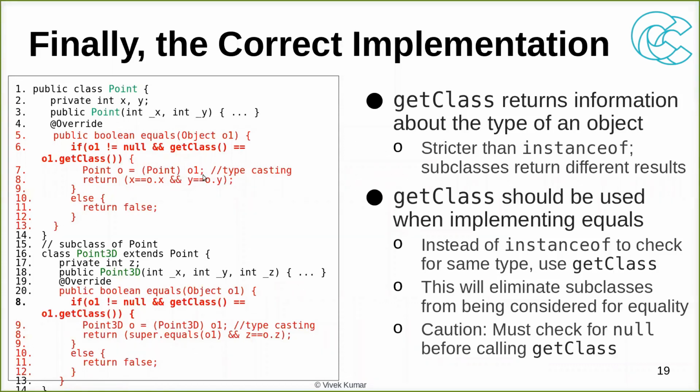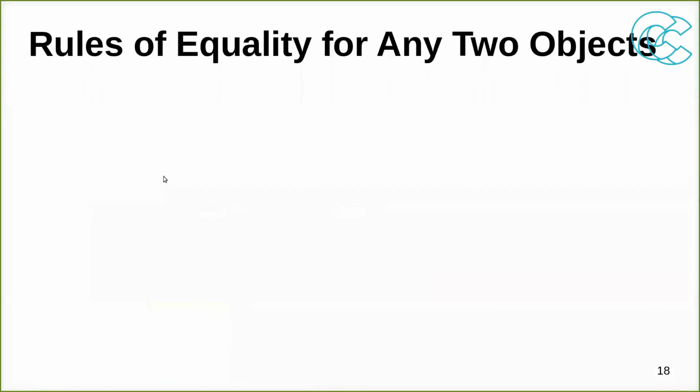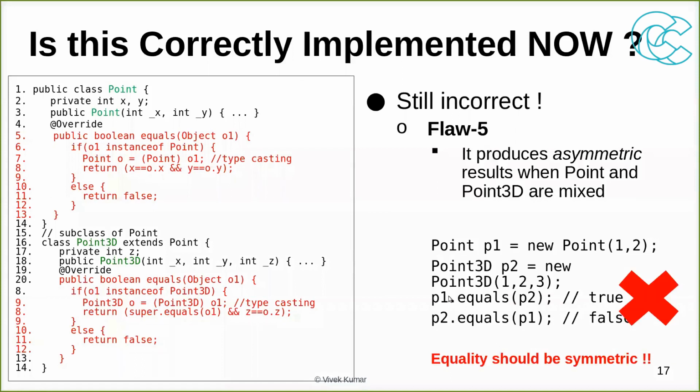The first step is to typecast it and then check the x and y values. In this case, if you go back here a bit, we are checking the getClass of P1 and comparing it with the getClass of P2.